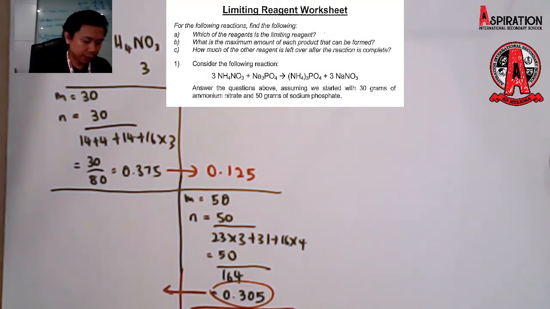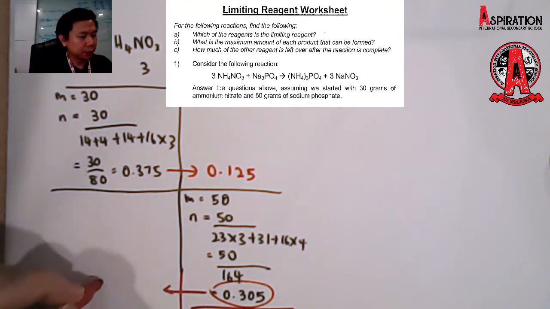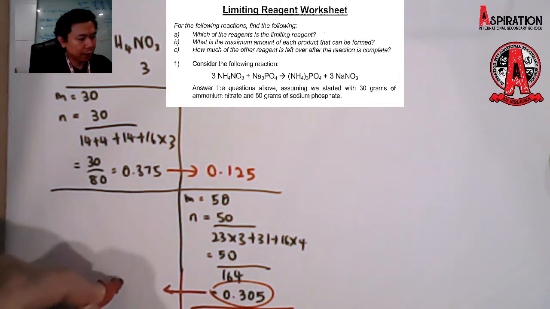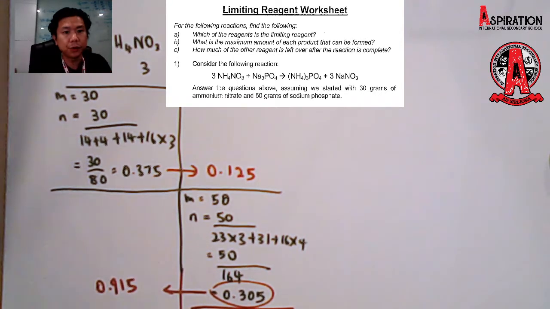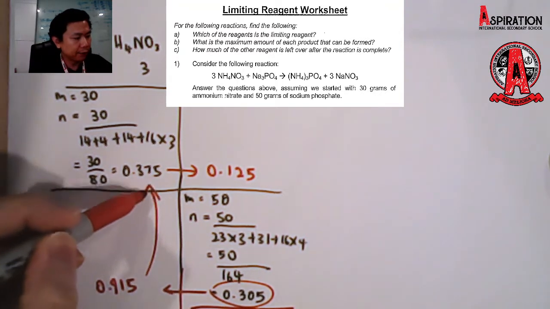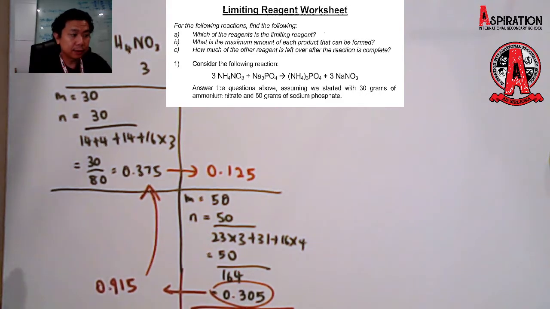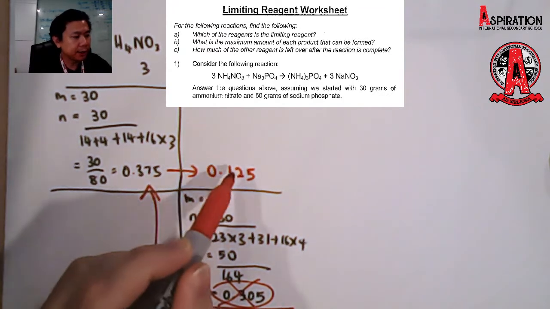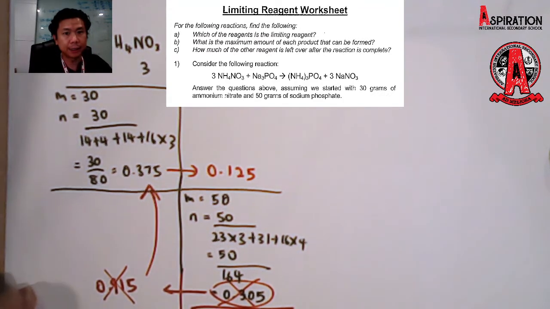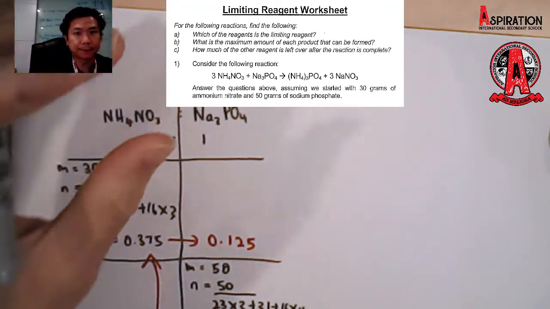So then the answer is you got to multiply by 3. So you need 0.915 moles. So do you have enough? Do you have what it takes? The answer is no, you don't. So these are not the actual values, and these are the values that actually reacted. So I hope that that is clear.